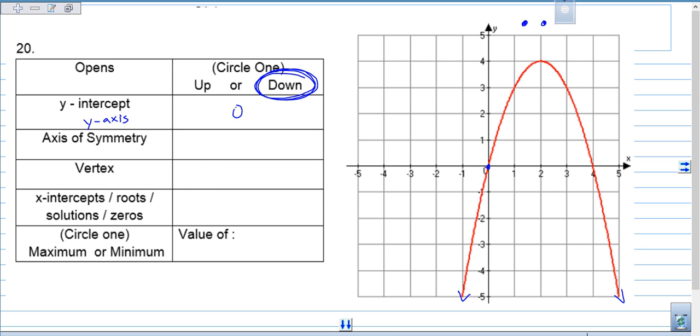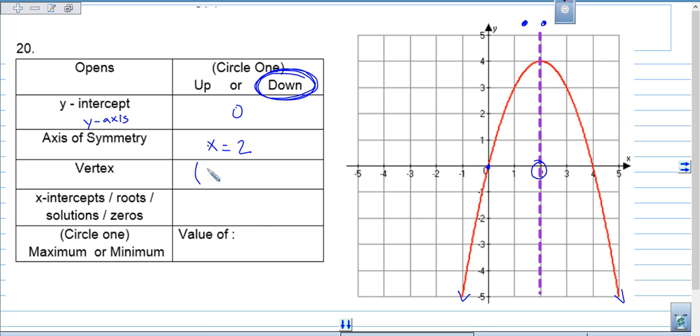The axis of symmetry is the line that runs through the vertex. Okay? And so the vertex is right here, which we'll identify later. The axis of symmetry cuts through the vertex, and it goes through 2, so that means x equals 2.